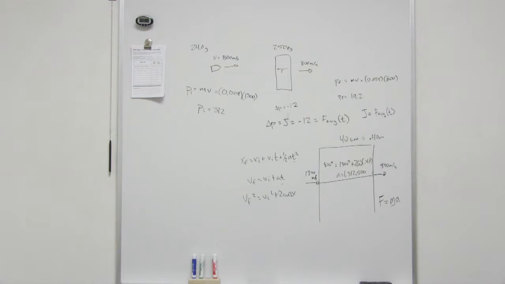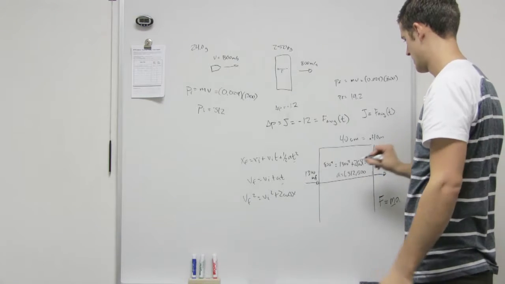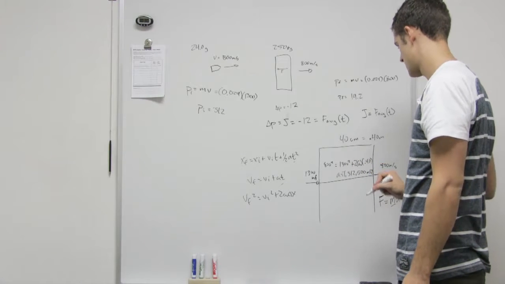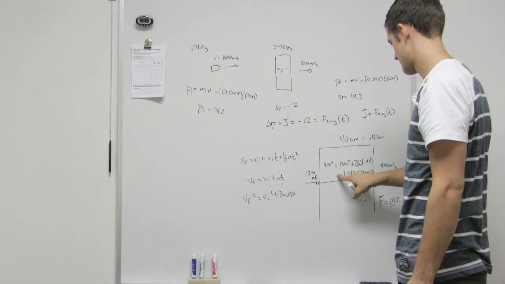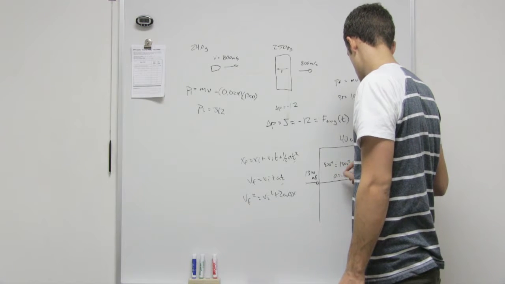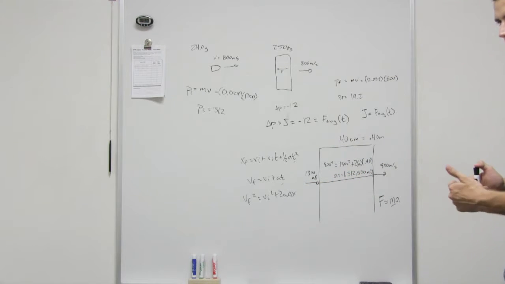That's what I got. So that's your acceleration. It's negative, right? So that's how much it's slowing down as it goes through this target. It's 1,312,500 meters per second squared.